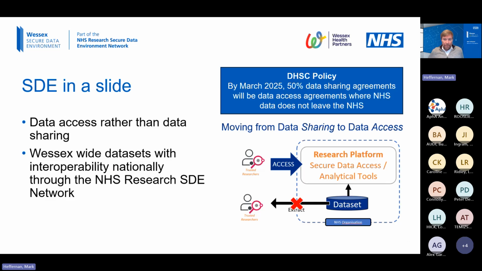So if we were to summarize the SDE in a single slide, it'd be this. On the right-hand side, whereas in the past, NHS organizations might have de-identified their data and sent it to the researcher, the Department of Health policy wants to start to sharply reduce that data sharing.